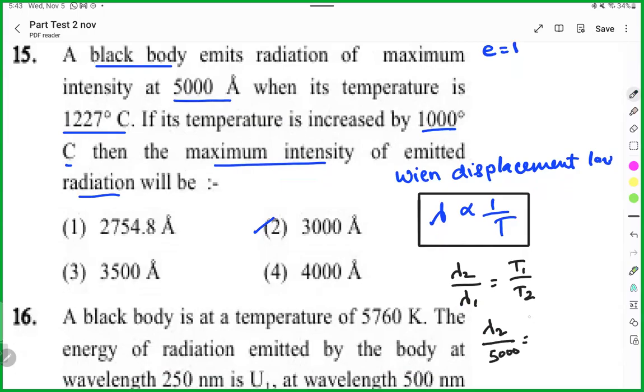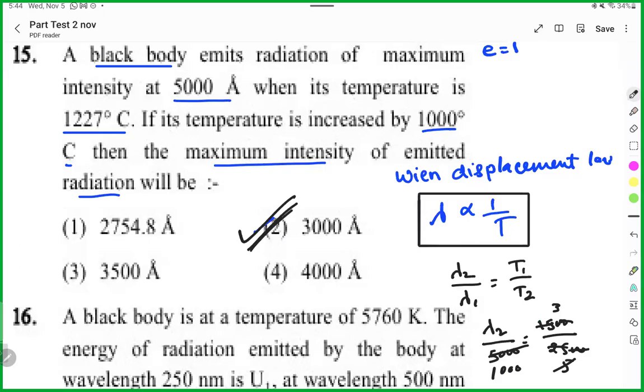What is the first temperature? 1500. What is the second temperature? 2500. Right? So the zeros cancel. 5 3 is 15, 5 5 is 25. If you cancel out 1000, it will be 3000.